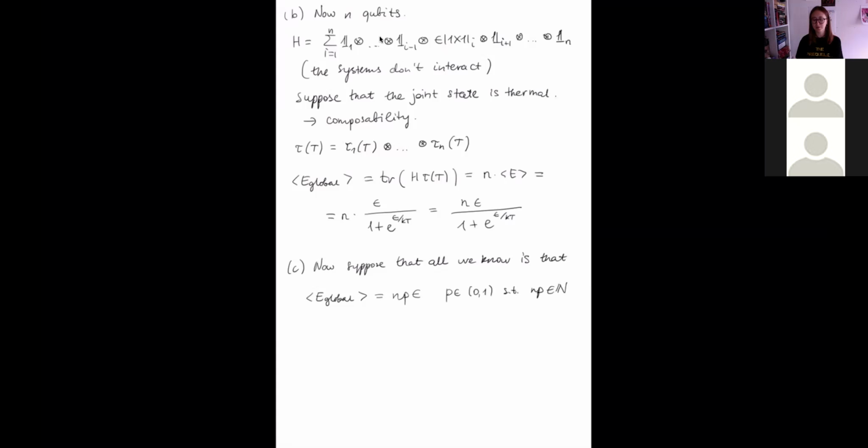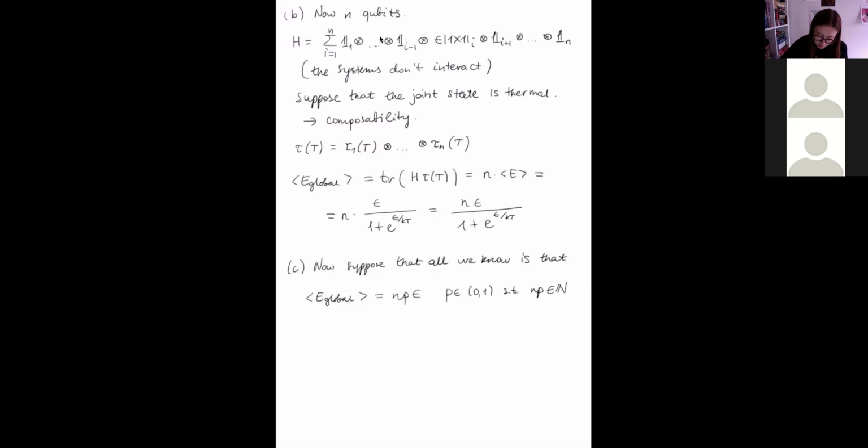Essentially, this means that the global energy is some integer multiple of the energy epsilon, which characterizes the energy gap of a single qubit.